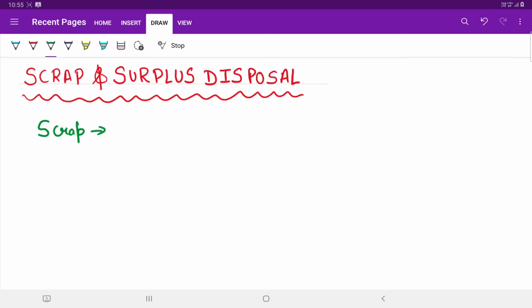So first of all, what is a scrap? It is a residue that is incidentally obtained from the manufacturing process.